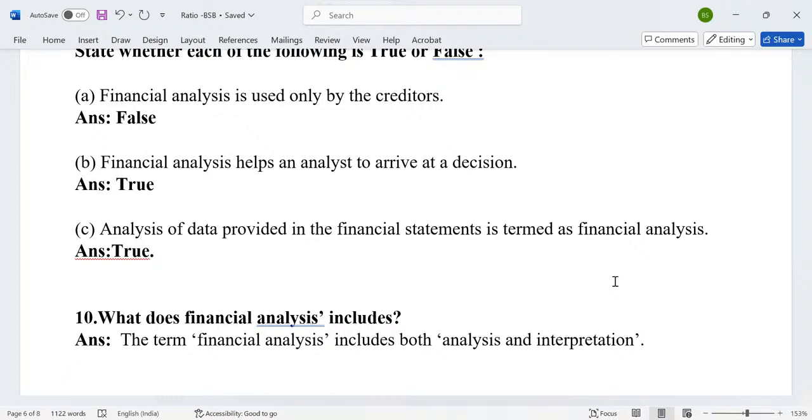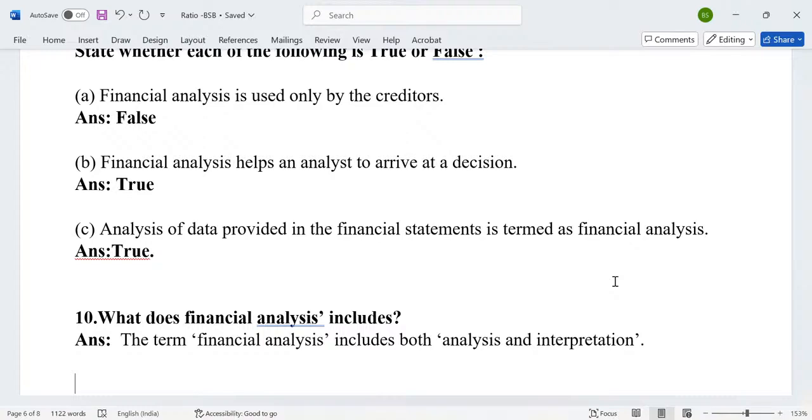They are saying that only because of the word used, only. The answer is false. B. Financial analysis helps an analyst to arrive at a decision. Means financial analysis helps the analyst to take the decision. True.